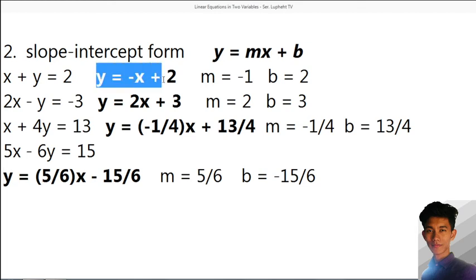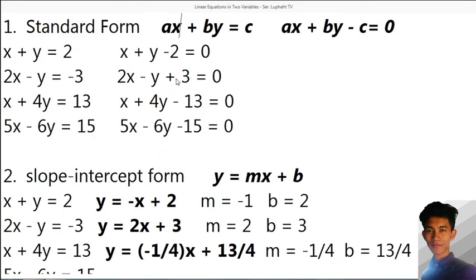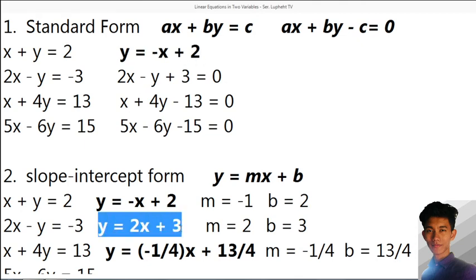So, for example, ito yung mga slope-intercept form natin. Okay? So, kailangan natin siyang ibalik dun sa una. So, paano natin siya ibabalik dun sa una? So, ikakopy ko muna lahat para minsanan na lang.